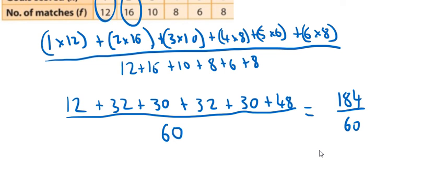Then we just divide in, so we'll get a little bit over 3, I think, so 184 divided by 60, yeah, so 3.06 recurring.